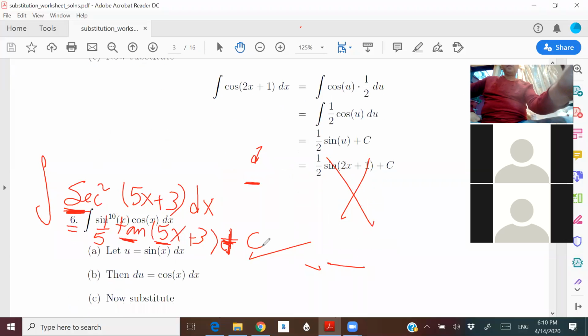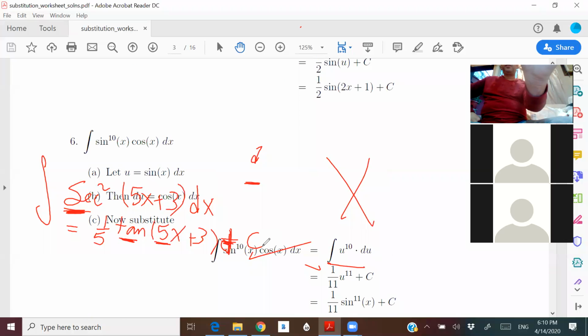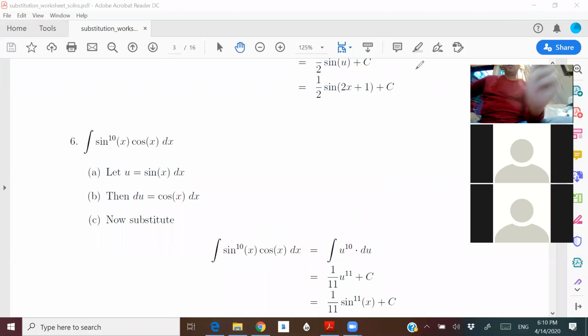Thank you very much. And now we have another exercise. In this exercise, we have a new situation: sine^10 x times cosine x dx. How to determine it? The main function has a power.